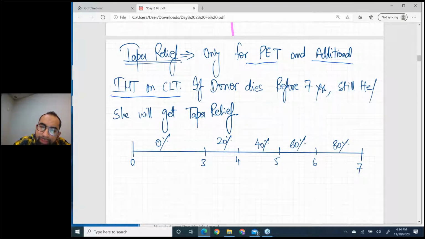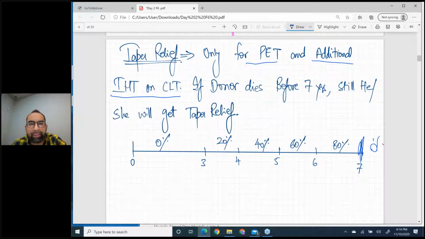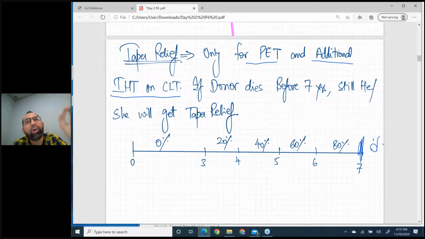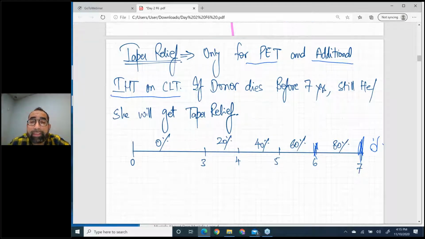If you die after 7 years, then 100% tax is exempt, or you can say 0% tax. But if you die after 6 years and before 7, you will get 80% waiver. You will get 80% exemption of tax, that is taper relief. And if you die after 5 and before 6, then 60%.